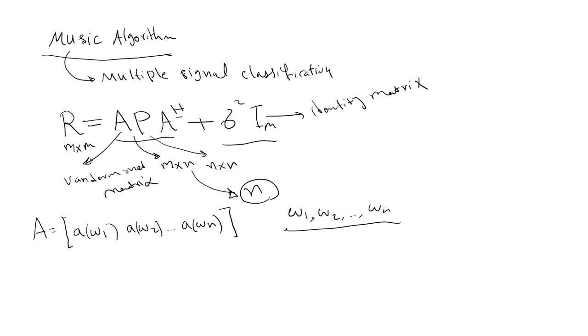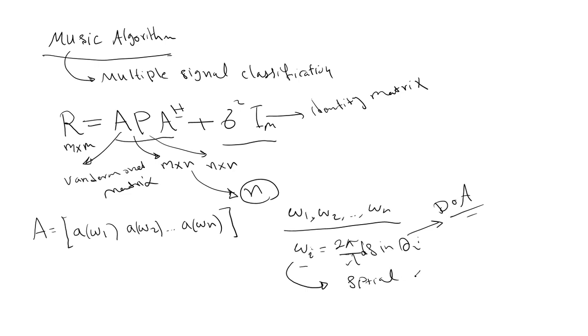In a uniform linear array, we call this frequency the spatial frequency, where theta is the DOA, the direction of arrival of the signal, and omega is the spatial frequency.